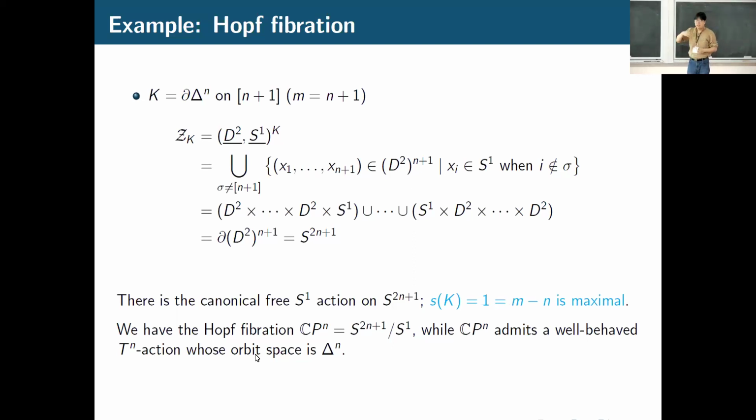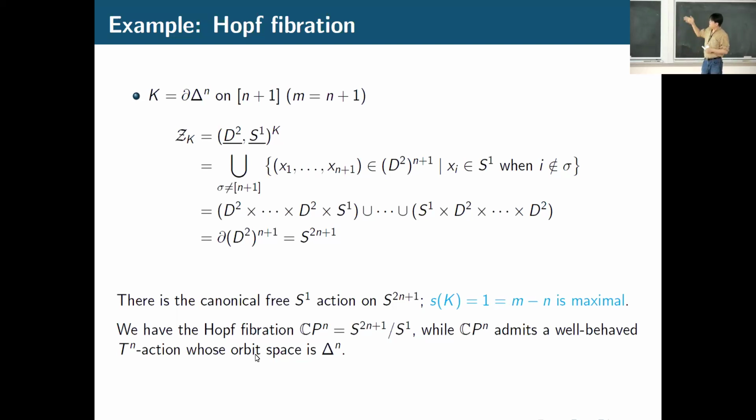And you know that in any odd dimensional sphere, there is a free circle action. So in this case, m minus n is 1, and it has the one-dimensional subgroup action. So this is exactly the maximal case, and the simplicial complex is the PL sphere.